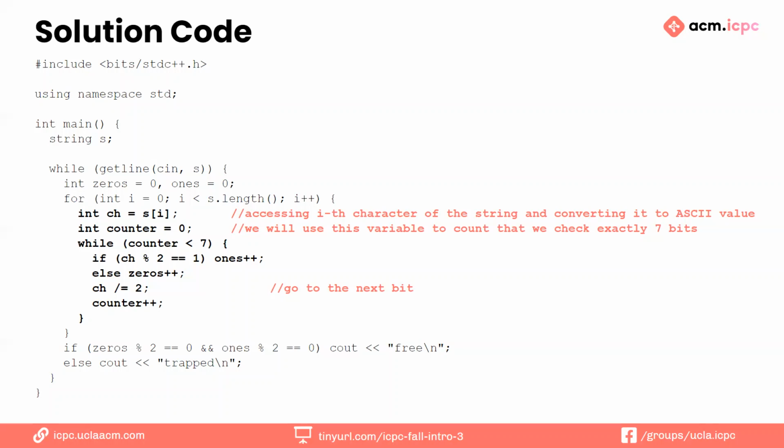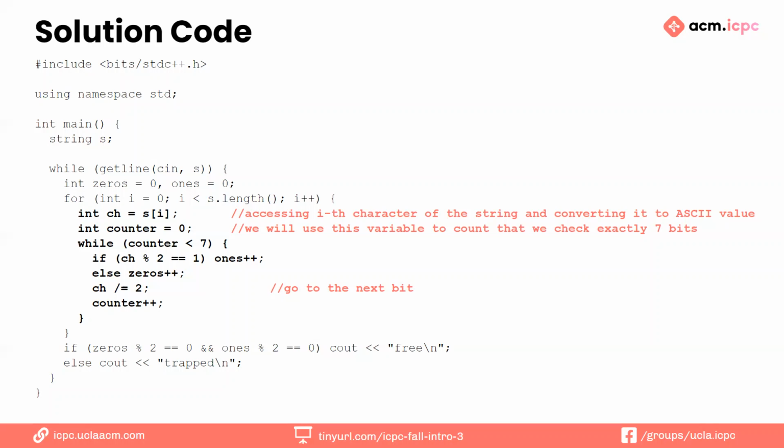Each time we will see if the remainder of our integer modulus 2 is 1, and if that's the case, we'll increase the number of ones that we have, and if it's 0, then we increase the number of zeros that we have. And then the next line will go to the next bit. So notice how here we don't even use any strings, so we don't actually convert the decimal value of ASCII into binary, but we still use the same algorithm that we used when we were converting it.